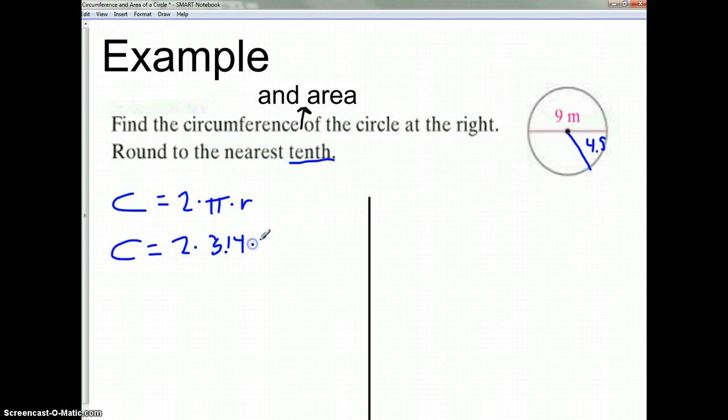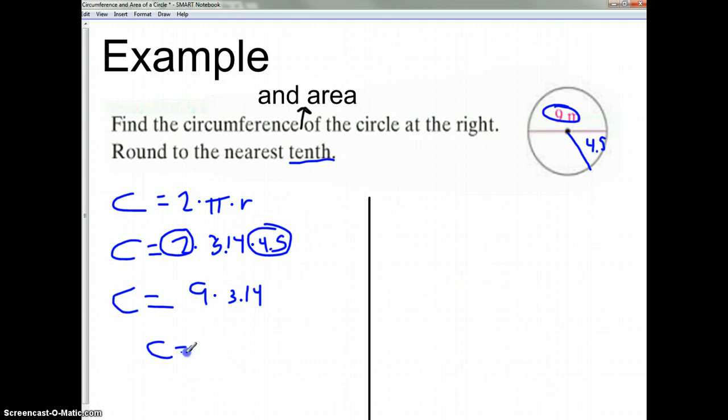So our circumference in this case is going to be 2 times 3.14 times 4.5. But if you can see that if we were to take this 2 and the 4.5 and multiply it out, we would just get the diameter of 9. That will help us out in the circumference, but the area is going to be a little different. So the circumference is 9 times 3.14.